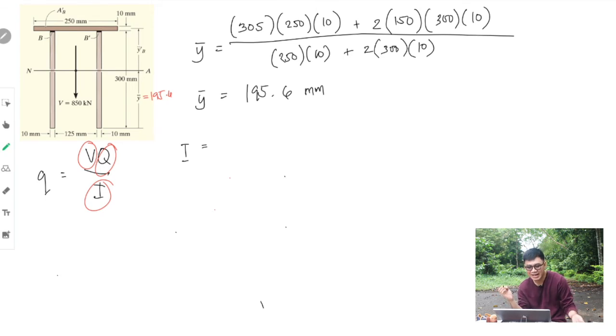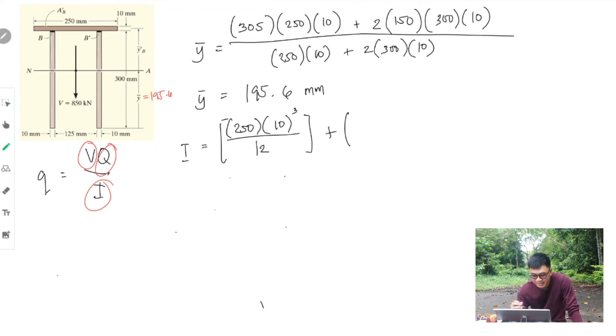Again, parallel axis theorem. We start with the first one. So, what is your base? That is 250 times height of 10 cubed over 12. Right? Plus, what is your area? That is 250 times 10 multiplied by d squared, the distance from the centroid of this part to our neutral axis.